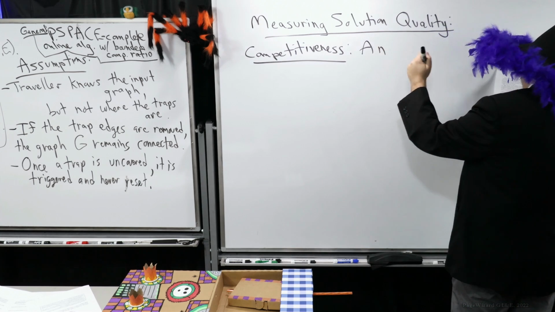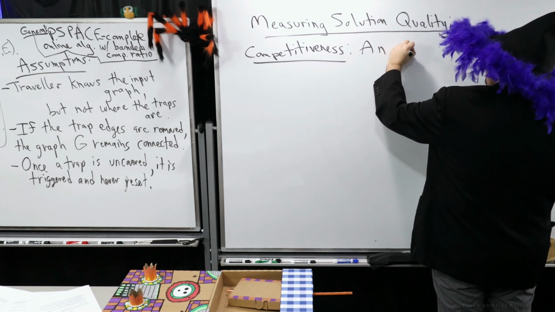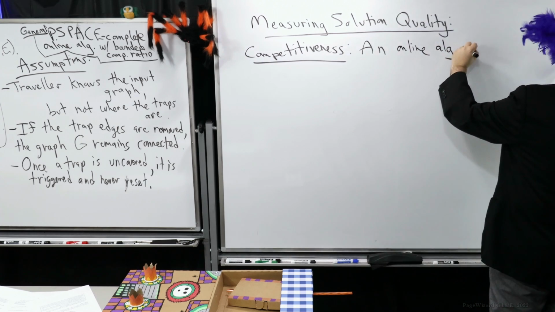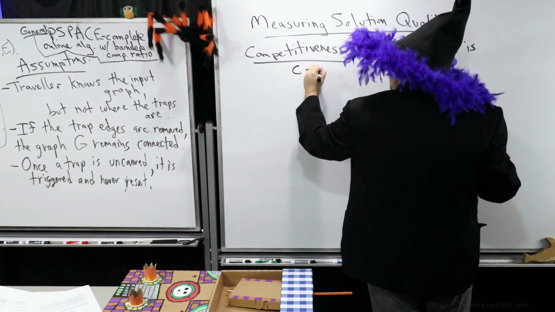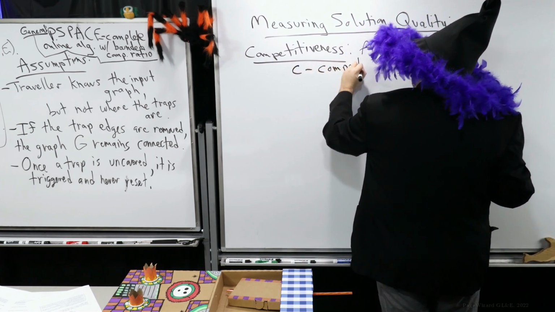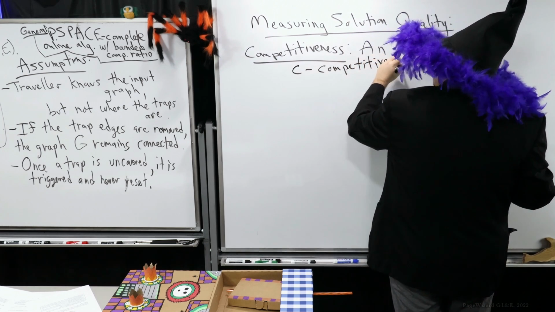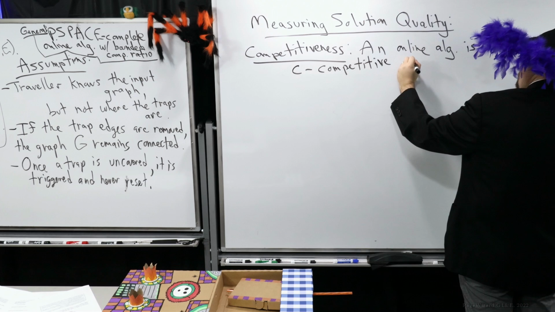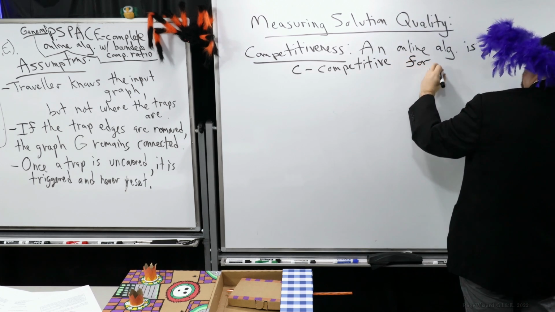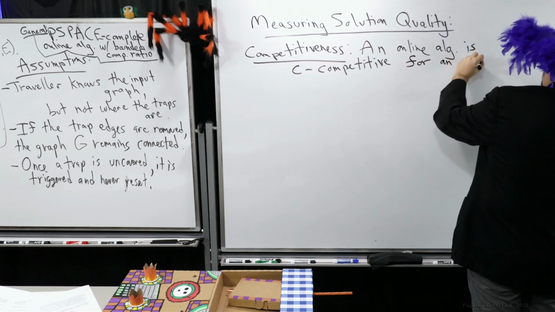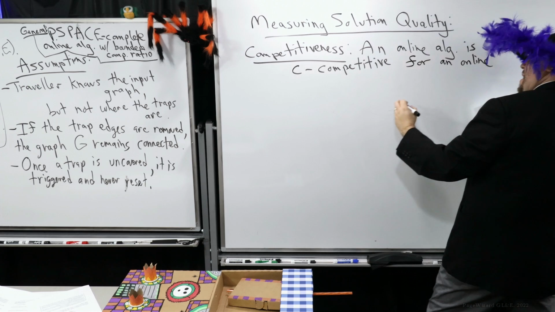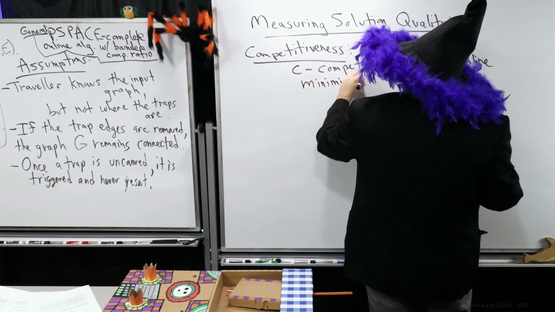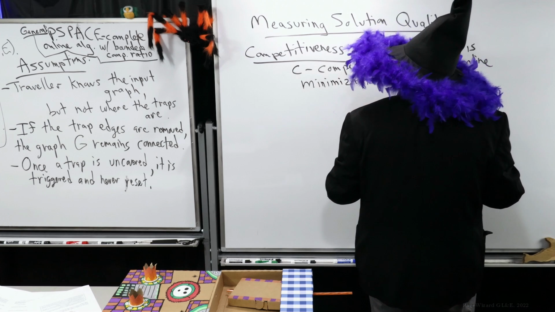However, this part I have to be formal. So an online algorithm is C competitive for an online minimization problem, like our problem. So we're trying to find the shortest path, not the longest path, right?